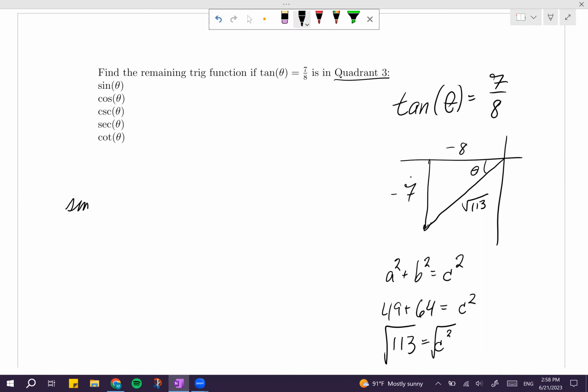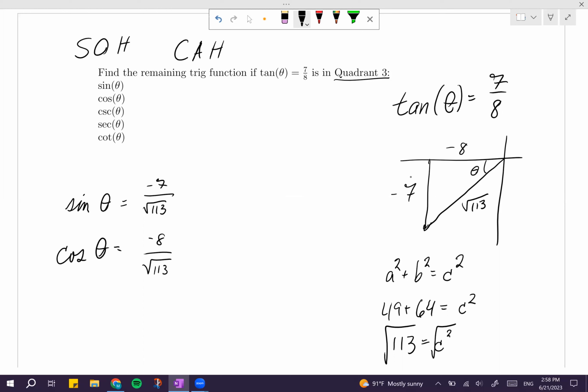So sine of theta is going to be opposite -7 over my hypotenuse, which is square root of 113. Cosine of theta is adjacent -8 over my hypotenuse, which is square root of 113. For these, you can remember SOHCAHTOA.